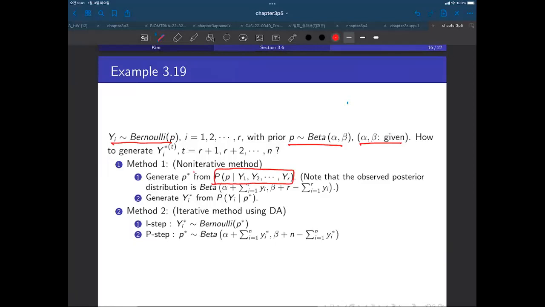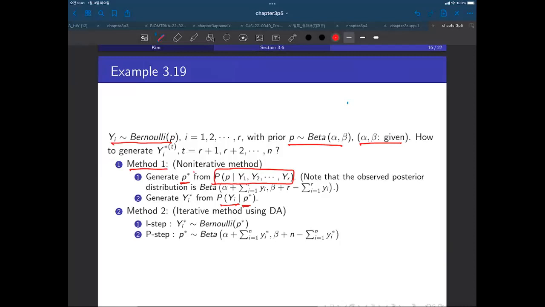Generate the P from the posterior distribution, and then from P star, we generate Y. That's method one. Method two is the more computational way, but it's directly related to data augmentation.